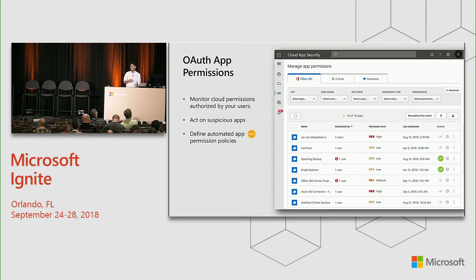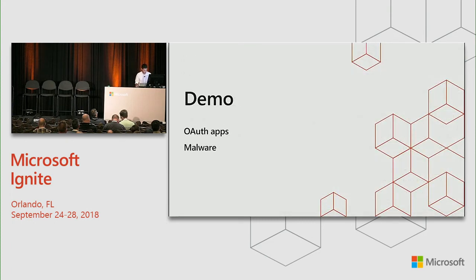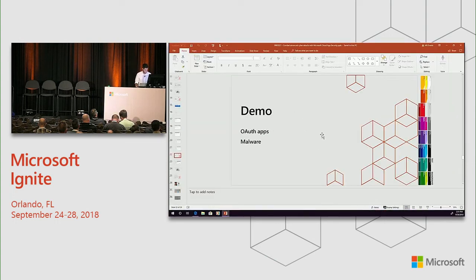You can do that manually, but now also automatically. You can define policies to alert you when a specific condition is met. Let me switch back to the portal to show you how it looks.